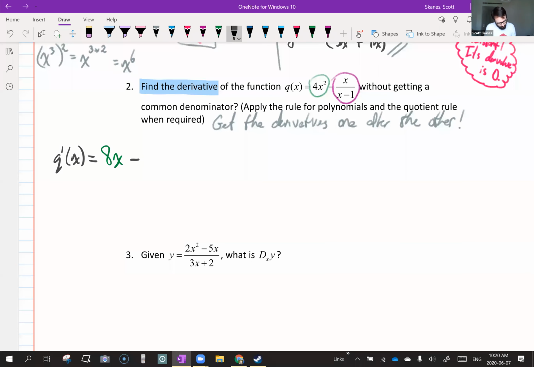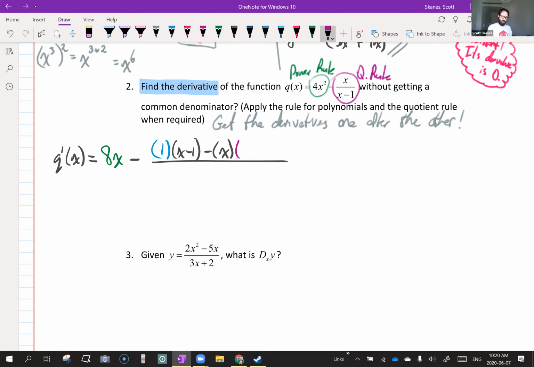So I'm going to set up one big fraction. And just so I'm clear, this is quotient rule. And this one's power rule. Just two different types of things put into the same question. So the derivative of the top is 1 times the bottom minus the top and the derivative of the bottom. What's the derivative of x minus 1?